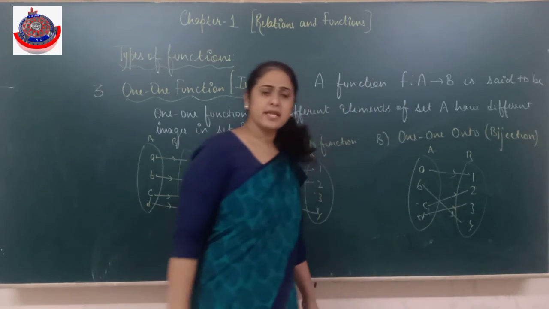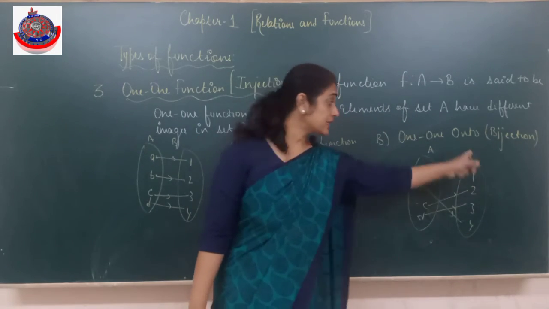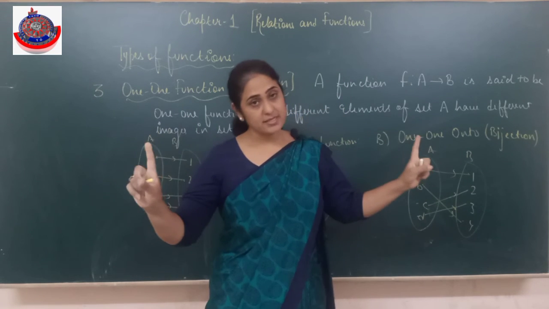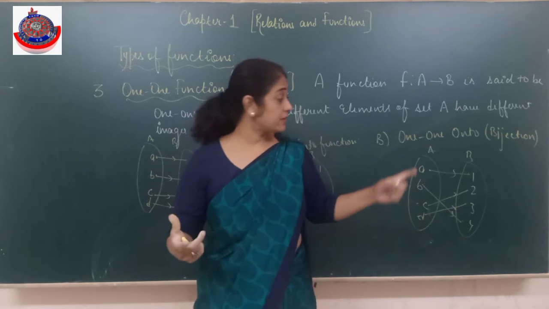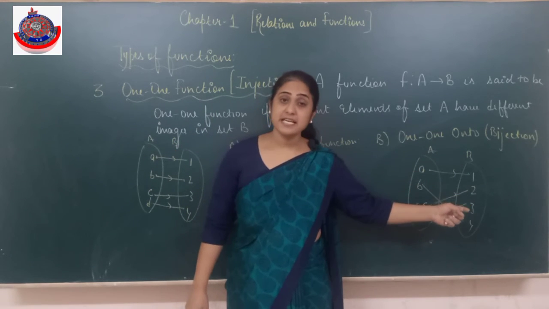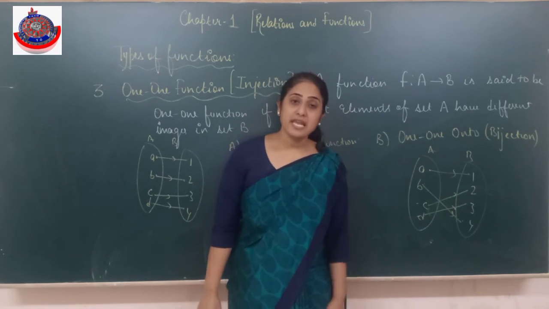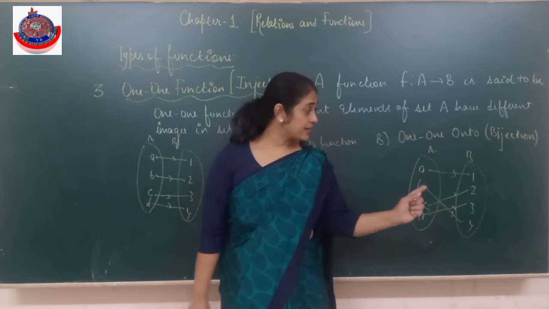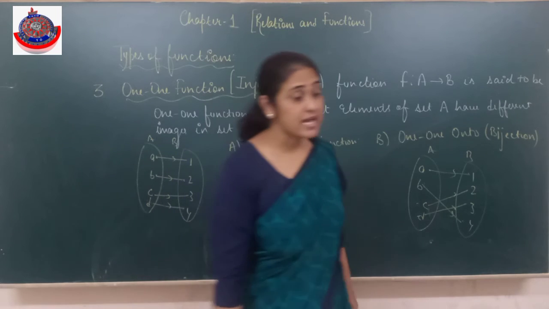Any element can have images, but nothing is left in the second set. It is a 1-to-1 relation, means one element has one answer. That is a function, but different elements have different images in set B, and there is no element left in the second set. Is it clear? I hope it's very well.